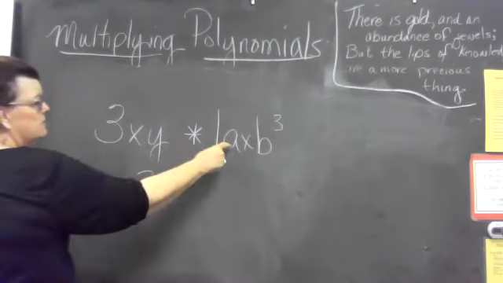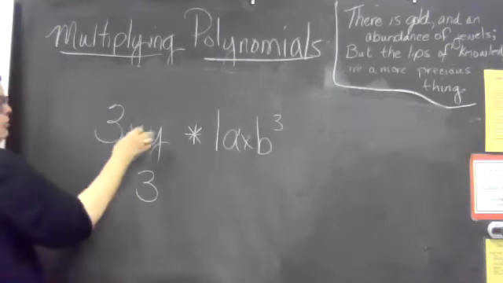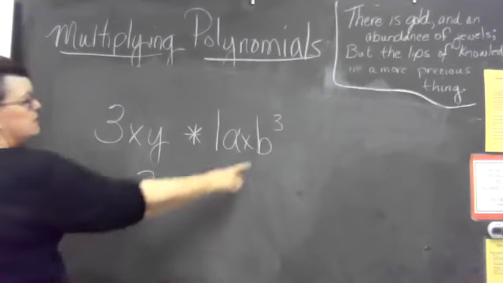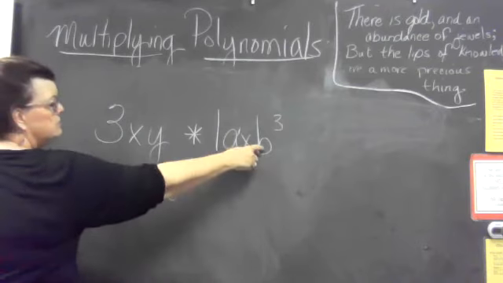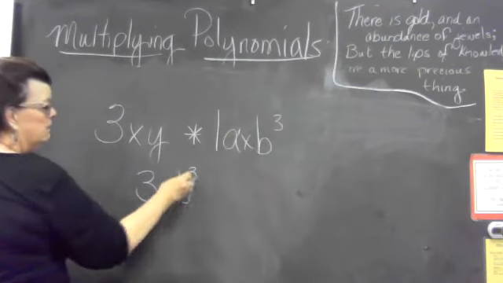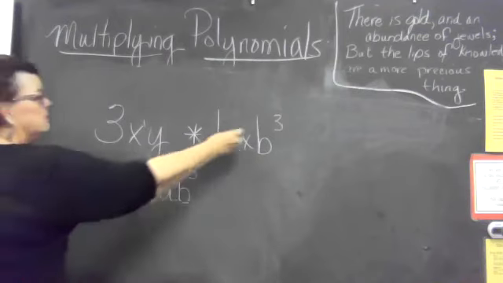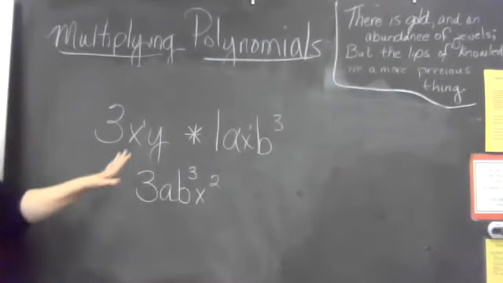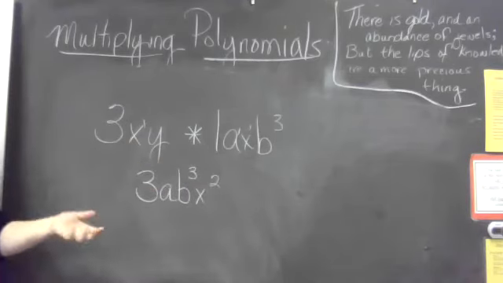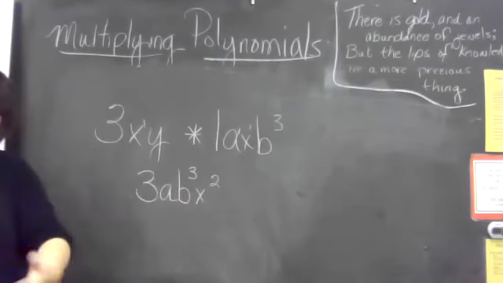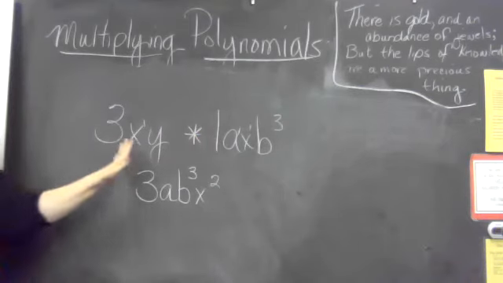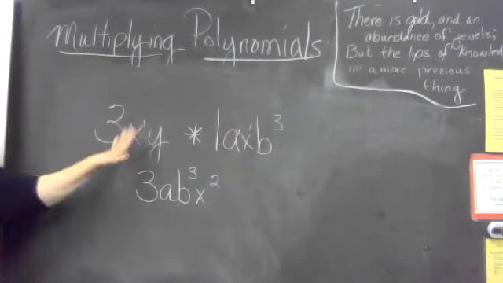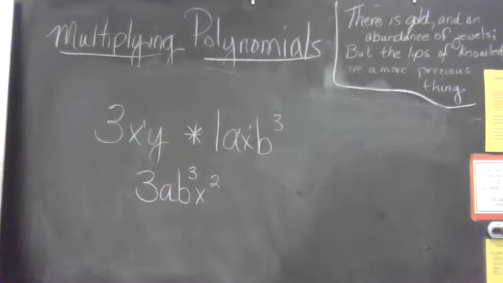So the first letter, A's, there's 1, and there's no A's here, so I've just got an A. And then B's, I don't have any B's over here, so this is all I have. And then X's. So this is not like add and subtract where they have to be common terms in order to use them. Whenever they're multiplied, they're just all crammed together. Everything's crammed together, so you use all of them. Okay? It won't always be the case that they have the same here as the same here.